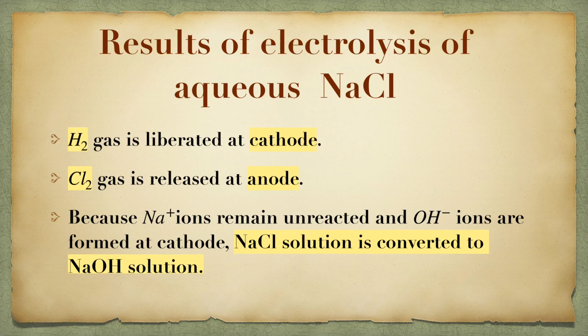When we compare the electrolysis of molten NaCl and aqueous NaCl, the products are different. For molten NaCl, the product was molten silvery white sodium at the cathode and Cl2 gas at the anode. Over here, there are three things: H2 gas liberated at the cathode, Cl2 gas released at the anode, and NaOH solution formed at the end.